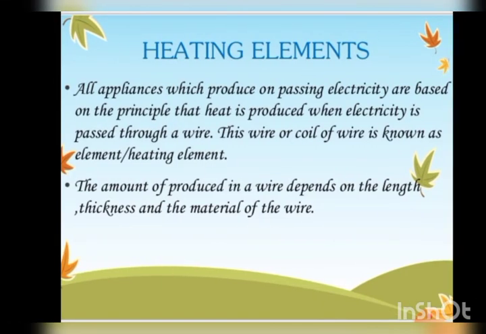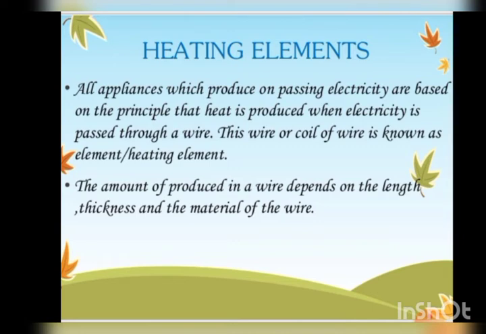Heating elements. All appliances which produce heat on passing electricity are based on the principle that heat is produced when the electricity is passed through a wire. This wire or a coil of wire is known as the element or a heating element.